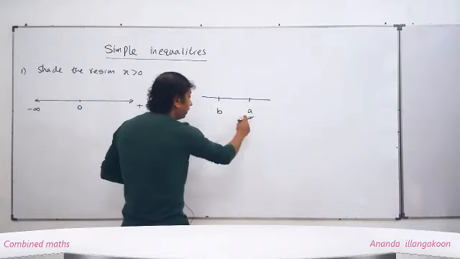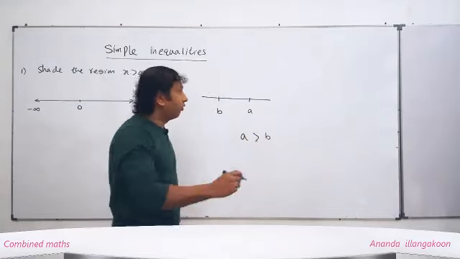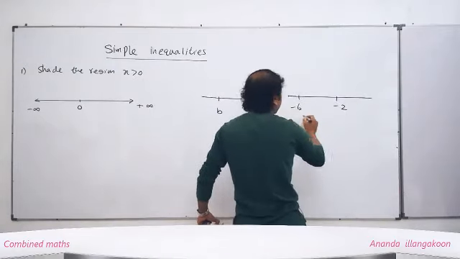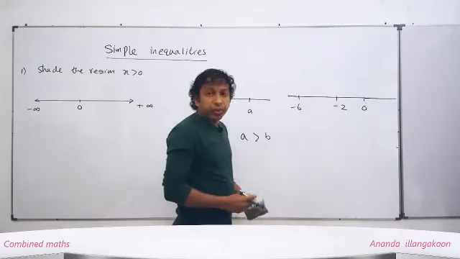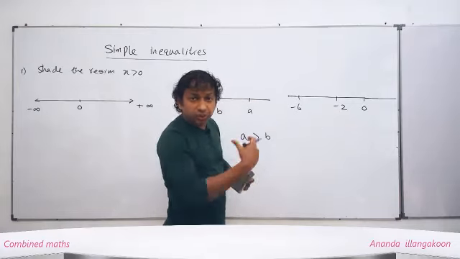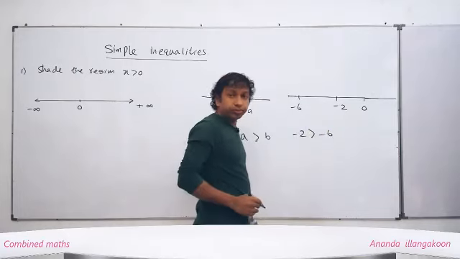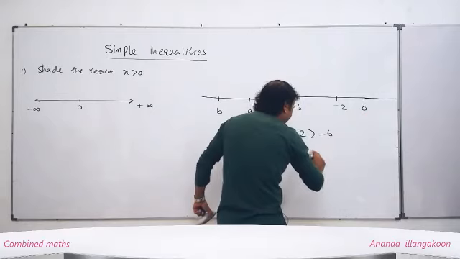For example, considering -2 and -6, -2 is on the right hand side, so -2 is greater than -6. When you compare 0 and -2, 0 is on the right hand side, so 0 is greater than -2.